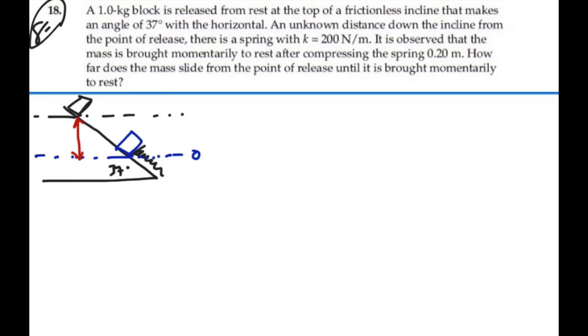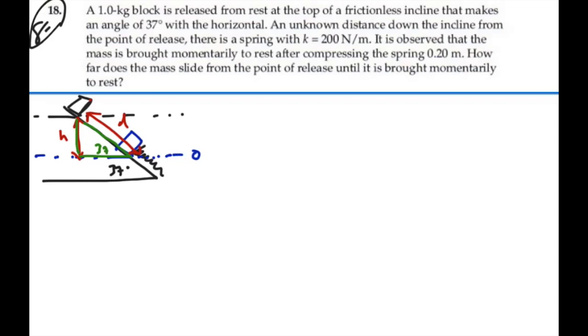Now if I look at this triangle right here, it's also a 37-degree triangle. The distance D that we're talking about down this incline, this distance, is the hypotenuse of that triangle.